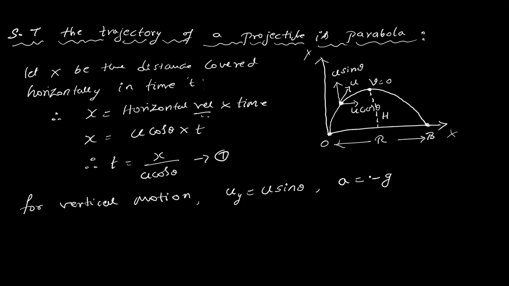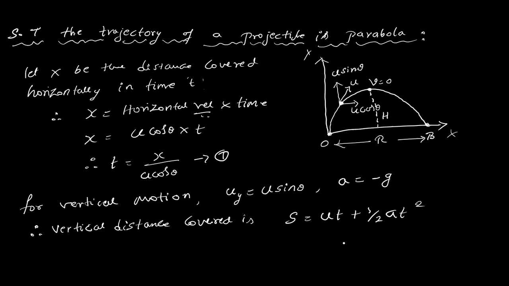Therefore the vertical distance covered is s equal to ut plus half at square, use this formula.